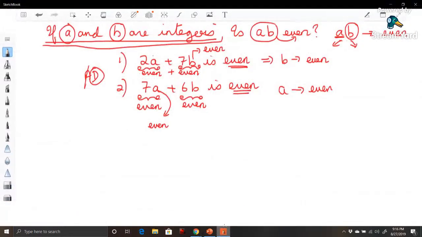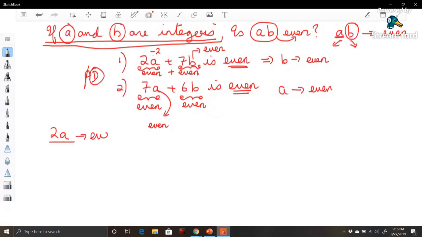Kanha, it's okay even if you take one out of A and B as negative, right? Even if you take a value of A and B as negative, 2A will still be even, because I'll have to put values like A to be -2 or -4. That's still not going to change the fact that 2A will be even.